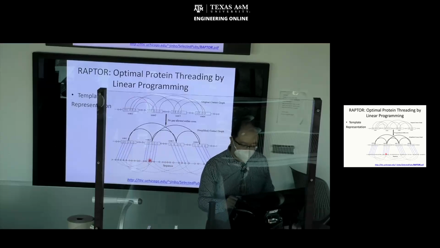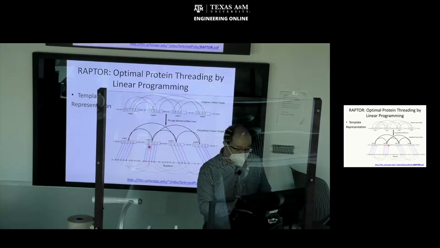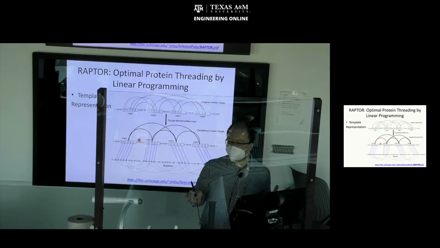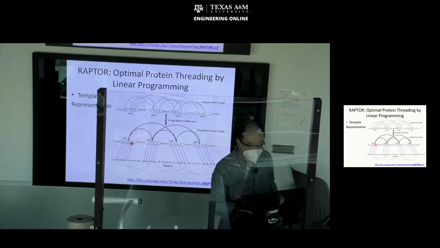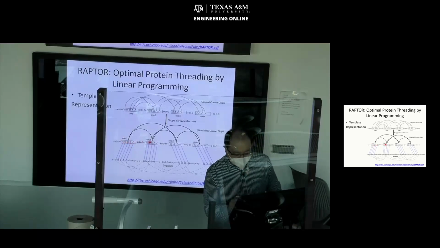First of all, we only look at the core, which are the stable secondary structures, alpha helices and beta sheets, and we can ignore those loops because the loops are less defining of folds. The stable secondary structures, the consecutive ones, are called the cores.